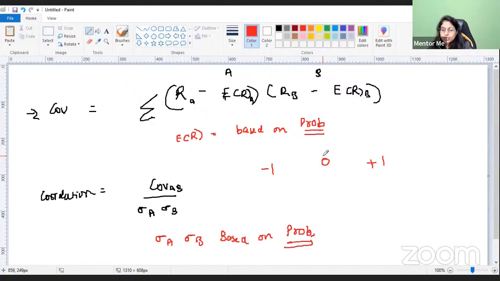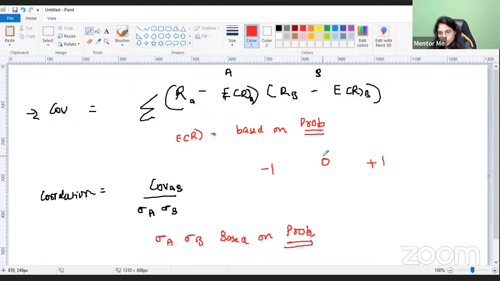As per the value of correlation, if the sign is positive, it is the same direction, if the sign is negative, it is the opposite direction. And secondly, as per the final value, is it close to 0, is it close to 1, we get to know whether it's a high degree correlation or a low degree correlation.